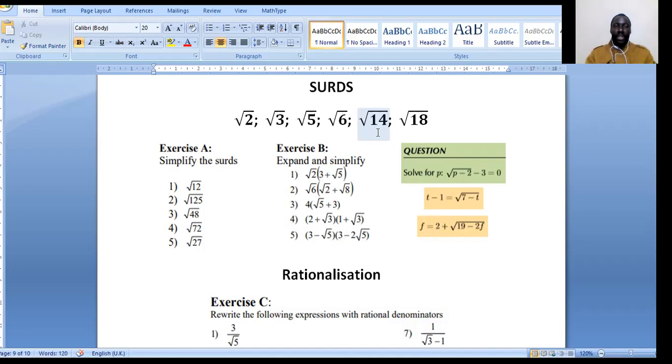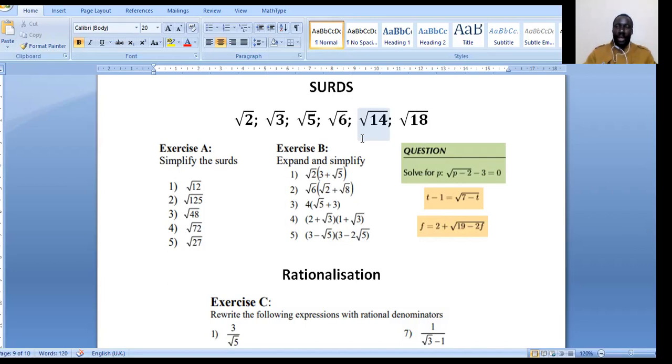Suppose that we are simplifying the questions in exercise A: square root of 12, square root of 125, square root of 48. What does it mean to simplify? Well, to simplify technically means to make it simple or to reduce it, so that it's easy to understand or easy to handle.